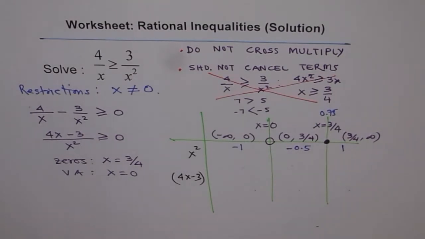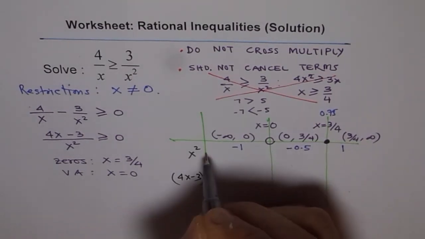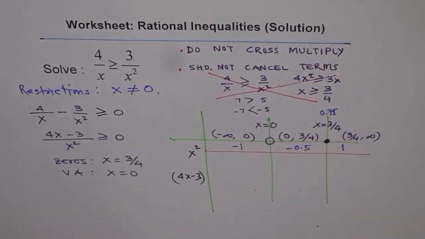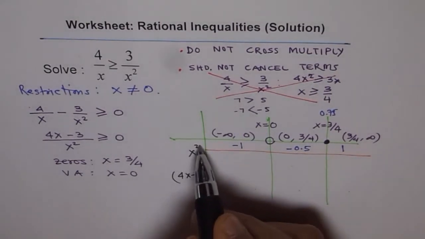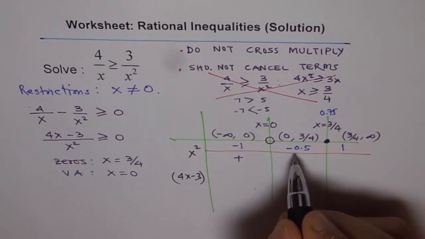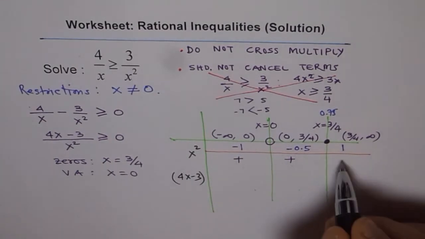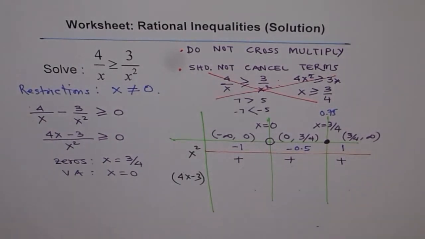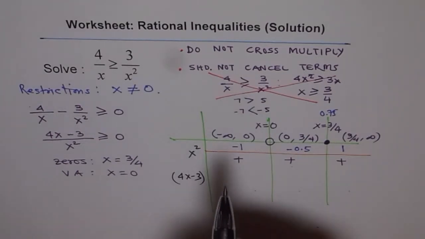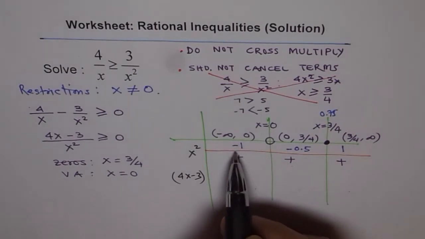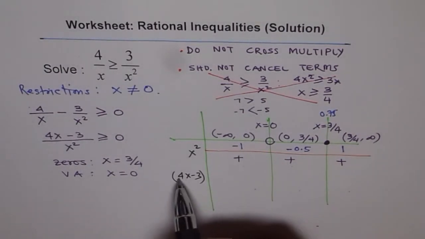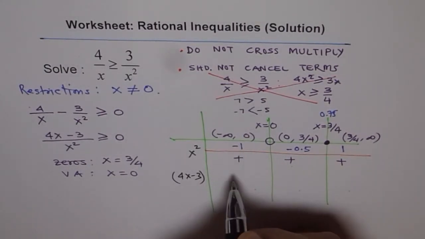So the idea here is, let me draw a line here to show my test points, right? Now, if I plug in minus 1 in x square, it will become positive. If I plug in minus 0.5, it will become positive. And for 1 also, it will be positive. I'm not really interested in the value, but I'm interested in knowing whether it is negative or positive, correct? Now look here. If I put minus 1 here, this is minus 4, this is negative.